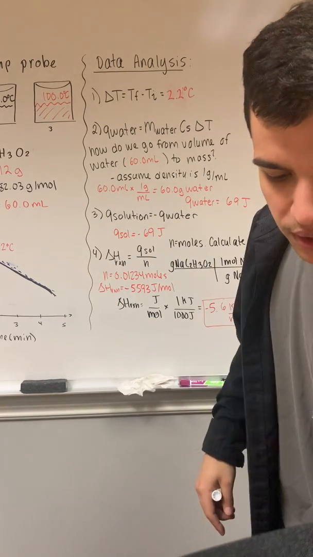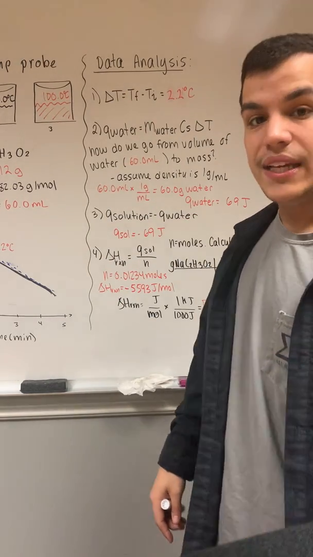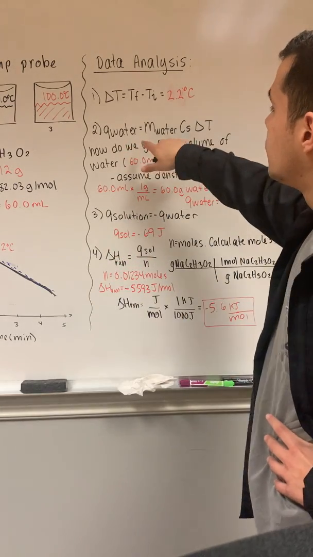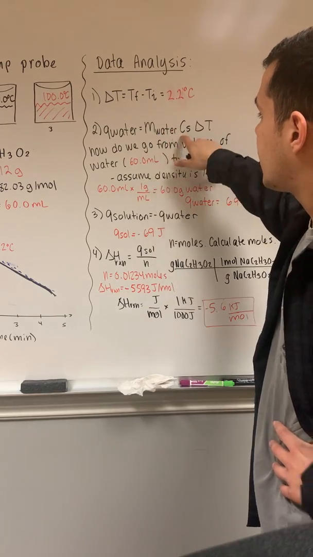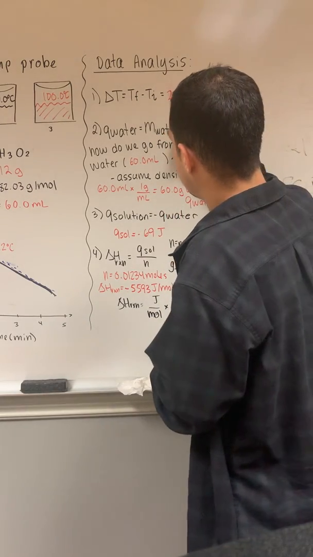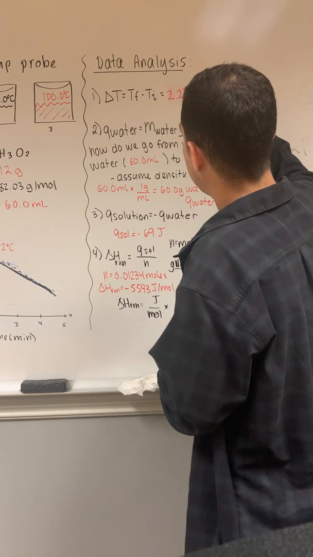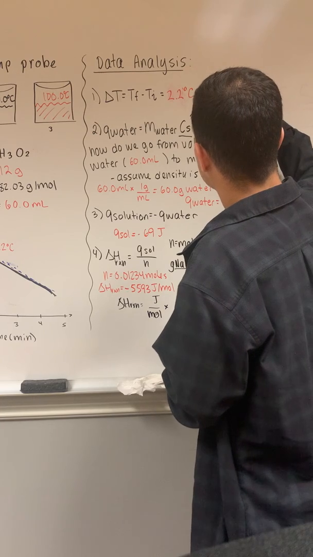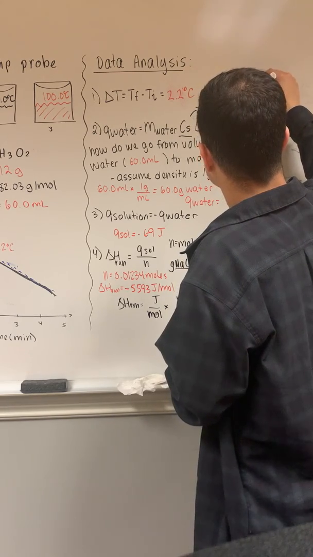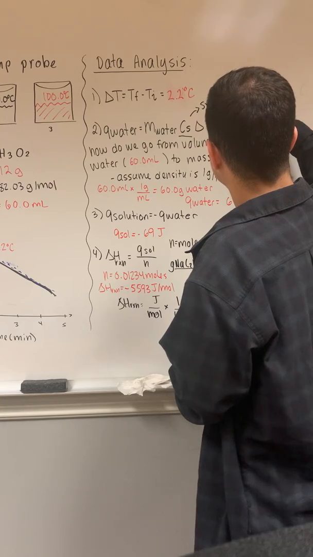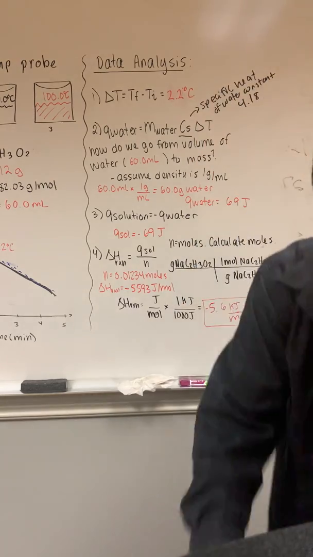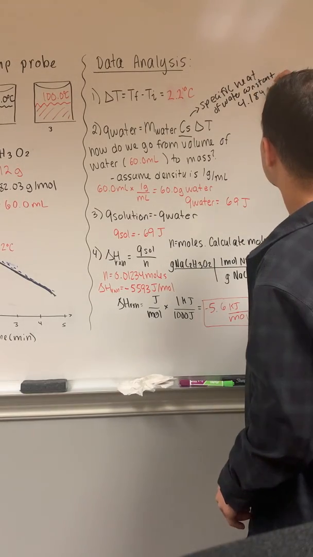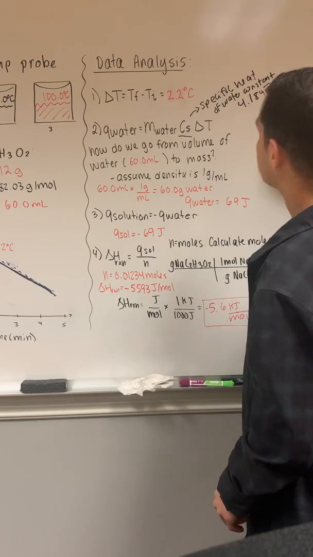Then the next thing I want to calculate is my Q of water, which is the heat of water. There's a formula on your pre-lab that basically says the mass of water times a constant value, Cs, called the specific heat of water, which is 4.184 joules per gram per degree Celsius.